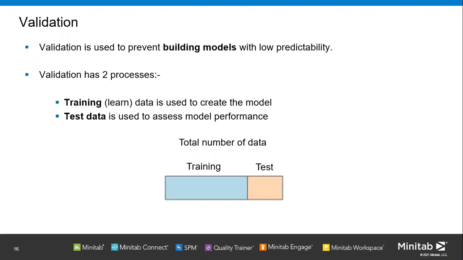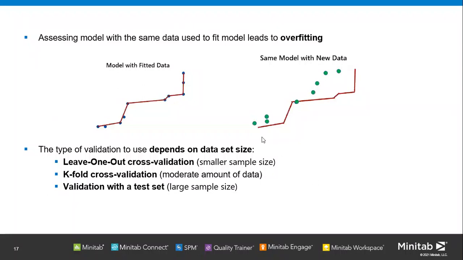Because we want to prevent our model from overfitting. Our experts say the common issue in modeling is overfitting, where new data comes in and does not fit well with the model.